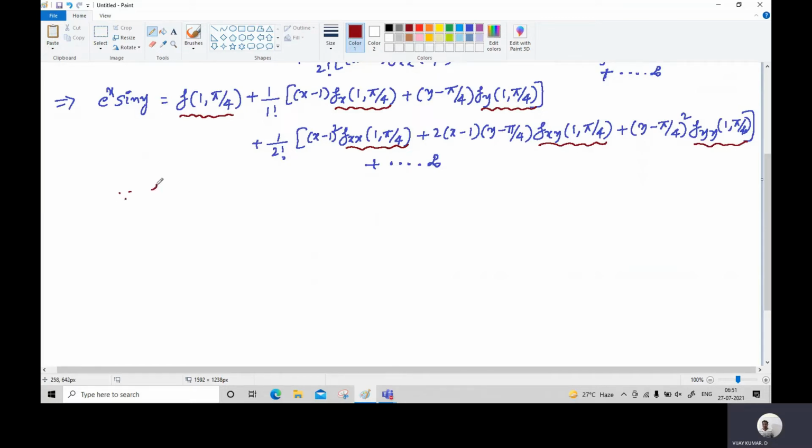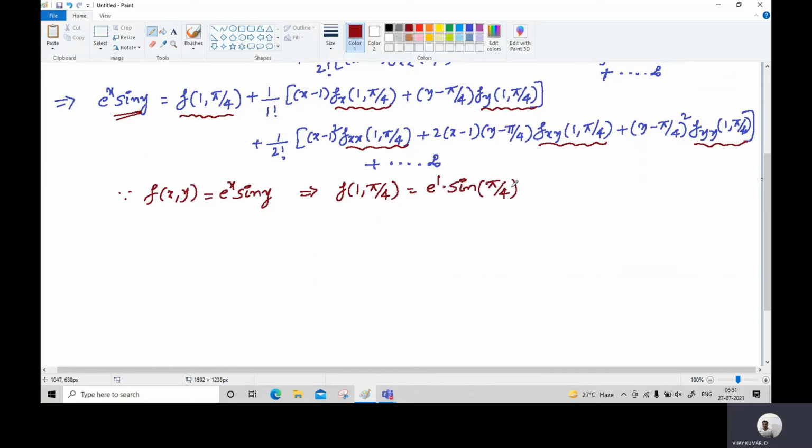Since f of x comma y is nothing but the given function, which is e power x into sin y, replace the point 1 comma pi by 4. It means that whenever we have x, replace it by 1, e power 1, and whenever we have y, replace it by pi by 4.